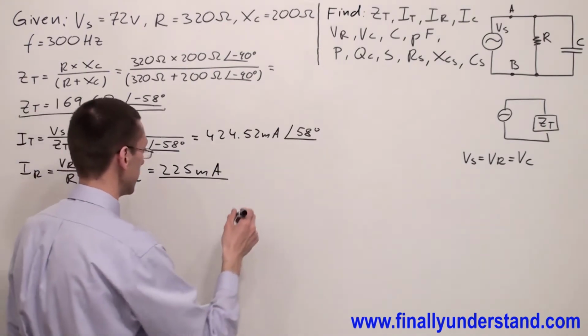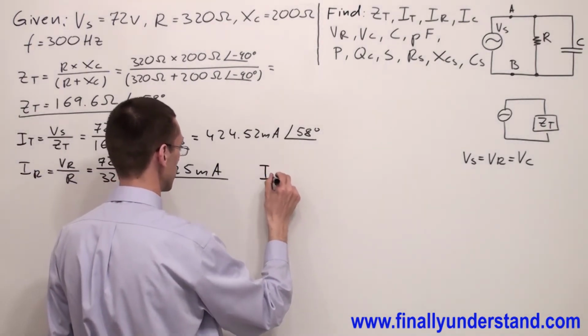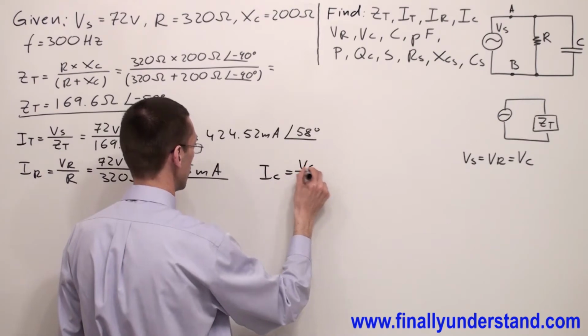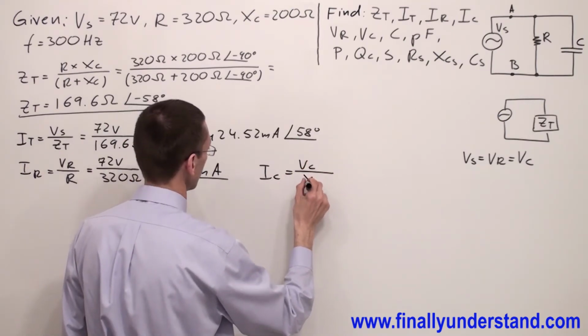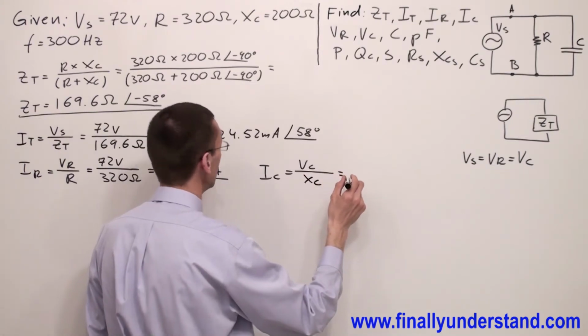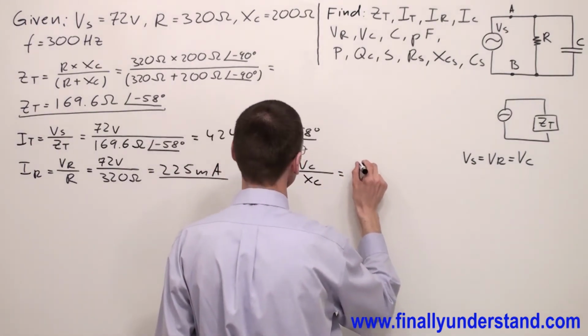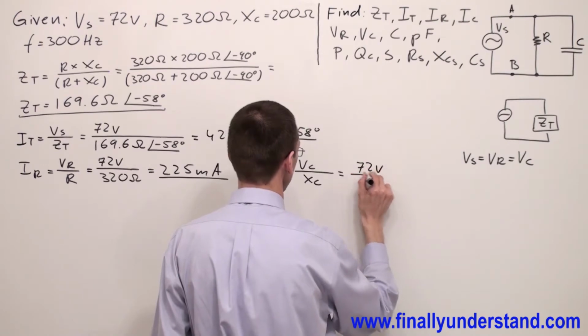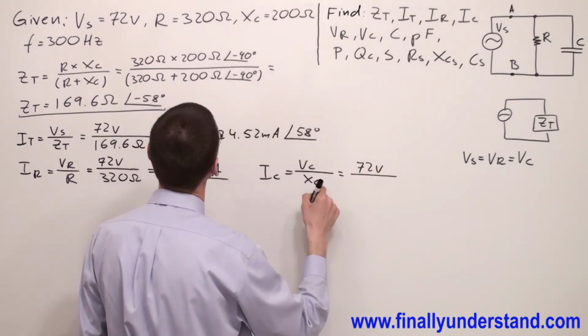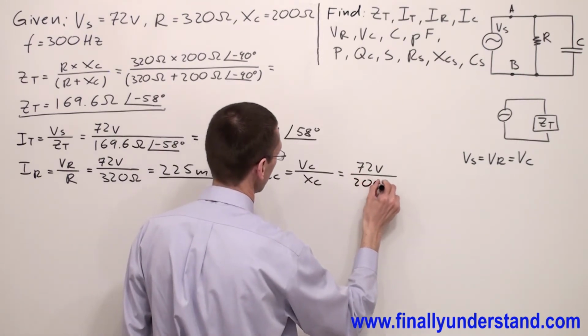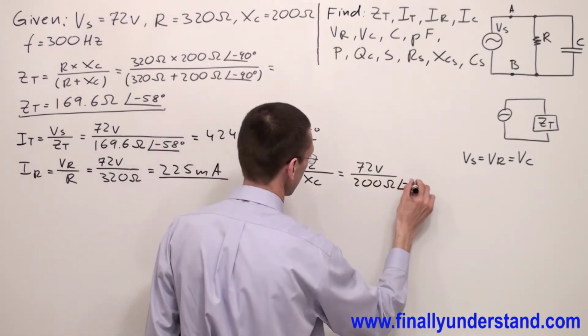This is the value of my current which goes through the resistor. If you want to find the current which goes through the capacitor, this is VC over X of C, which is equal to 72 volts over X of C. X of C is equal to 200 ohms, and angle of negative 90 degrees.